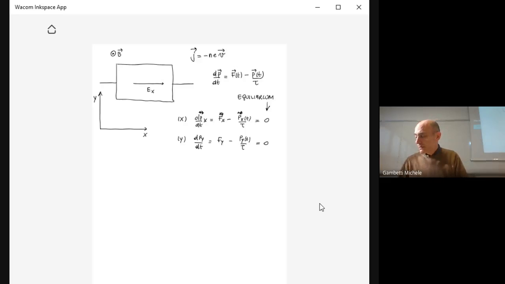Setting that equal to 0 just means that the current is there and is not changing, not that the current is equal to 0. So Fx, F is the Lorentz force, where we have both the contribution of the electric field and of the magnetic field.